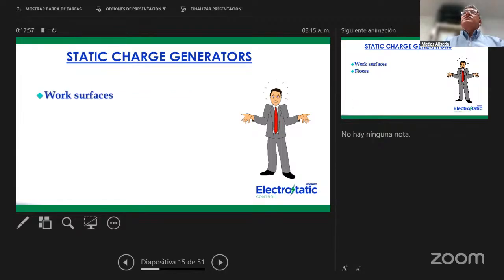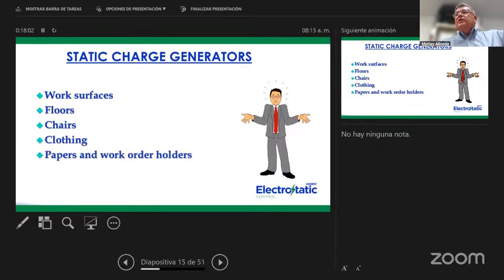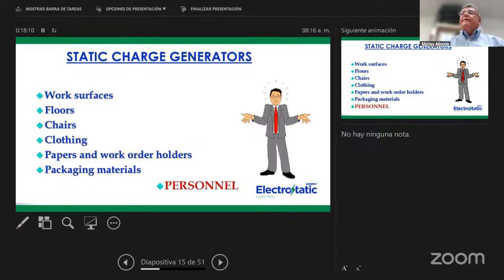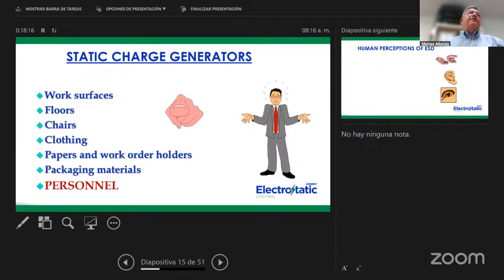So what generates charge? Work surfaces, floors, chairs, clothing, papers, packaging materials, whatever. Insulators generate a lot of static. Personnel, when handled, you don't feel that it's pointed at you, but it's very important to be grounded.